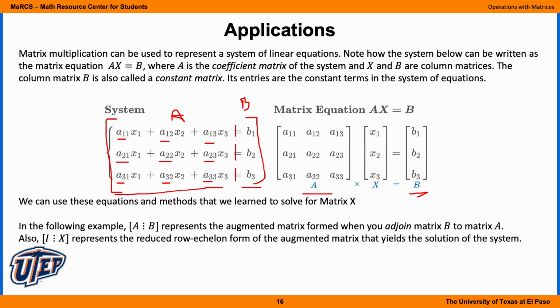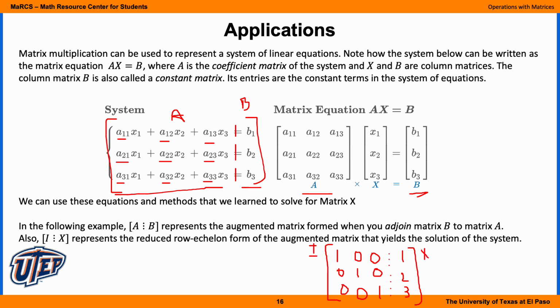So in our previous example, we had our augmented matrix, then we performed elementary row operations, and we got our identity on the left-hand side and the solutions on the right-hand side. I don't remember the exact constants, but we had the identity on the left and the X on the right.